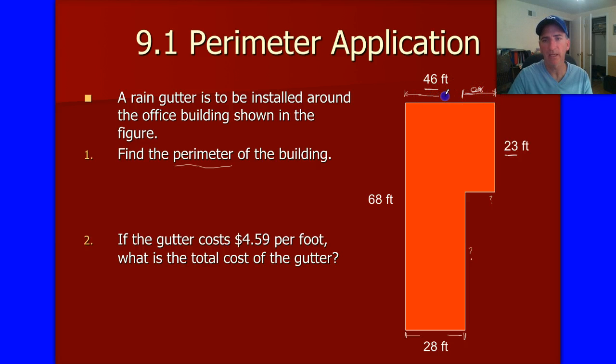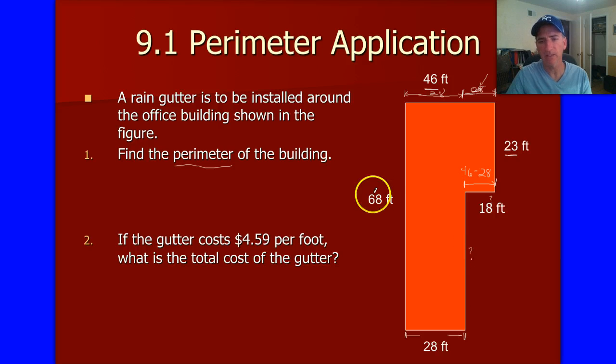If this one were 28, sorry about that, then that means this distance would match this distance right here. So all we have to do is subtract 46 minus 28 to get that length, and that should come out to be 18 feet. Hopefully you saw that yourself, but if not, that's how you'd find that.